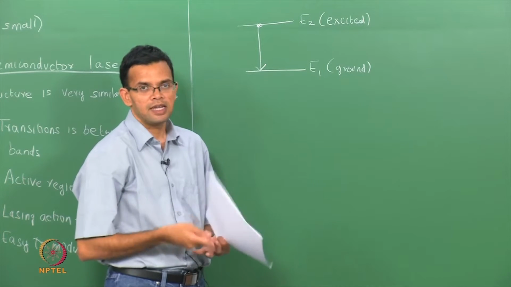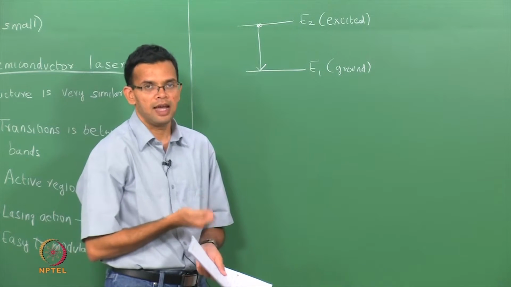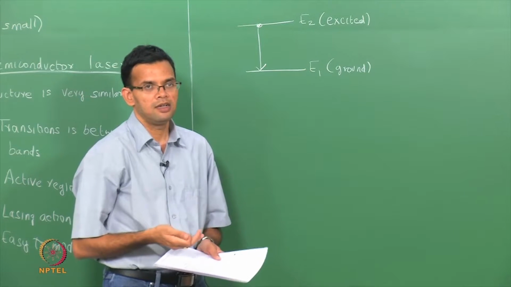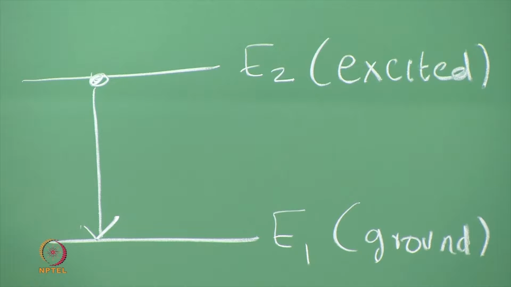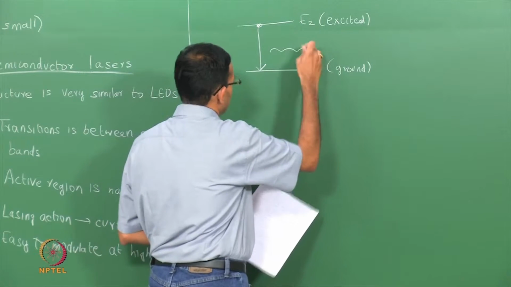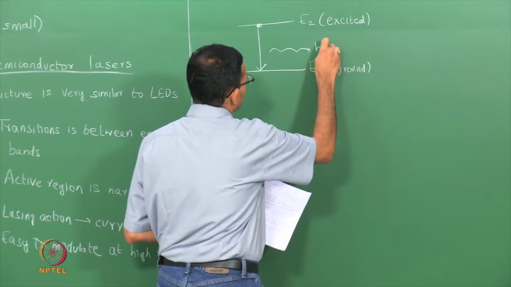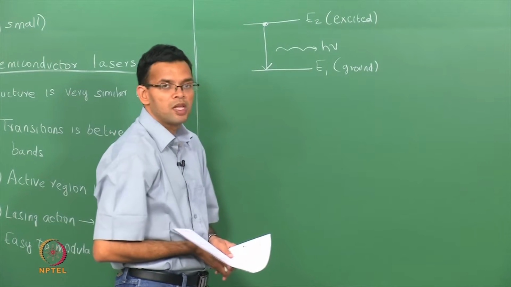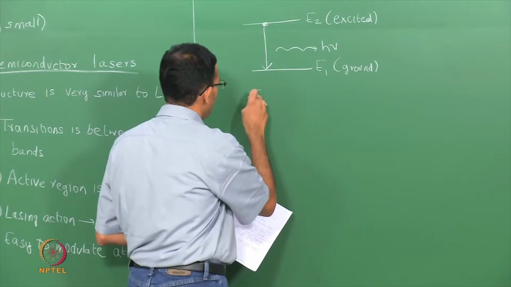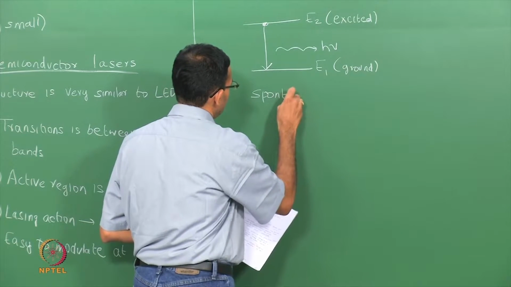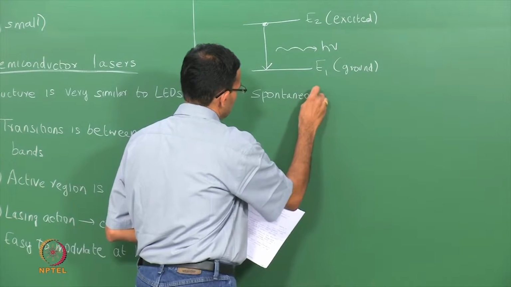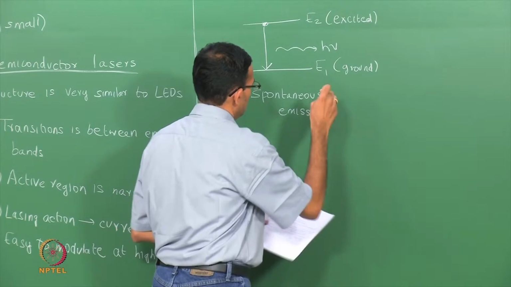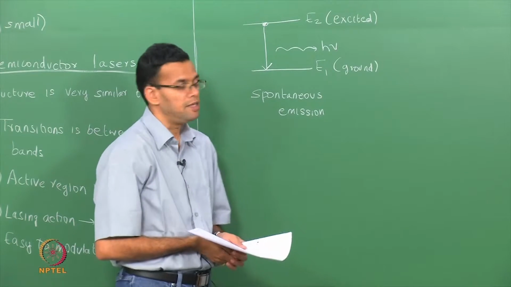We saw that this can happen either by releasing light or by releasing heat. In the case of an LED or a laser, this process leads to light, and the wavelength or the frequency of light depends upon the band gap. So, this is basically a spontaneous emission which occurs in an LED.